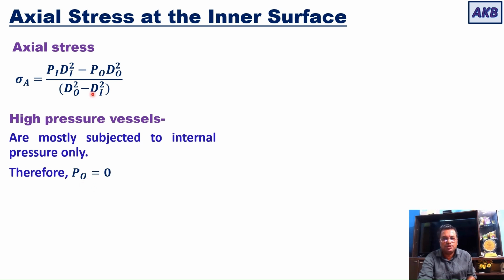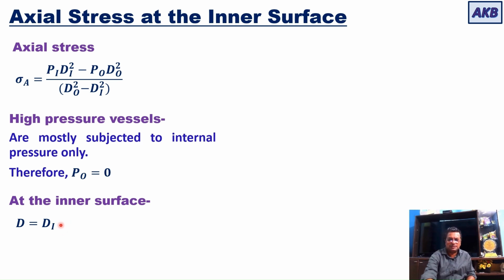That is, po is zero in this equation. At the inner surface, that is when d is equal to di. But in the equation for axial stress, there is no d, so there is no effect of using this relation.